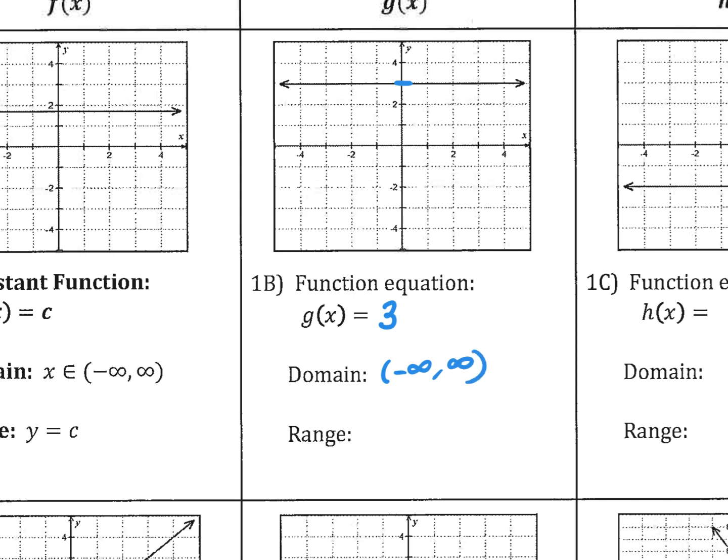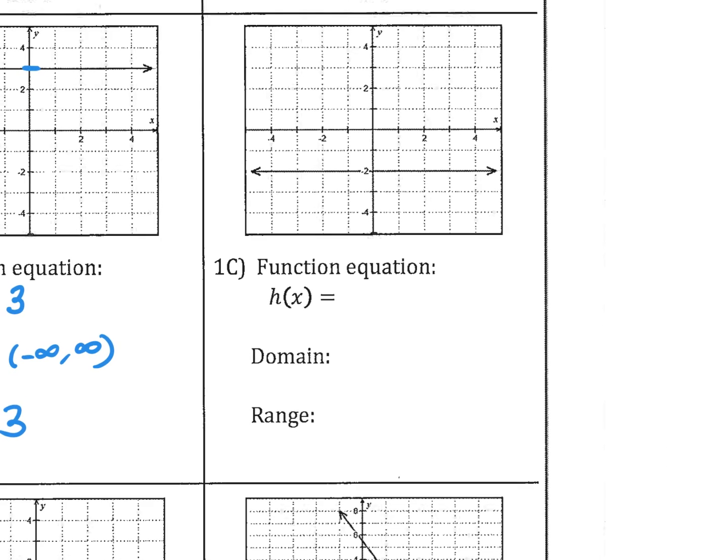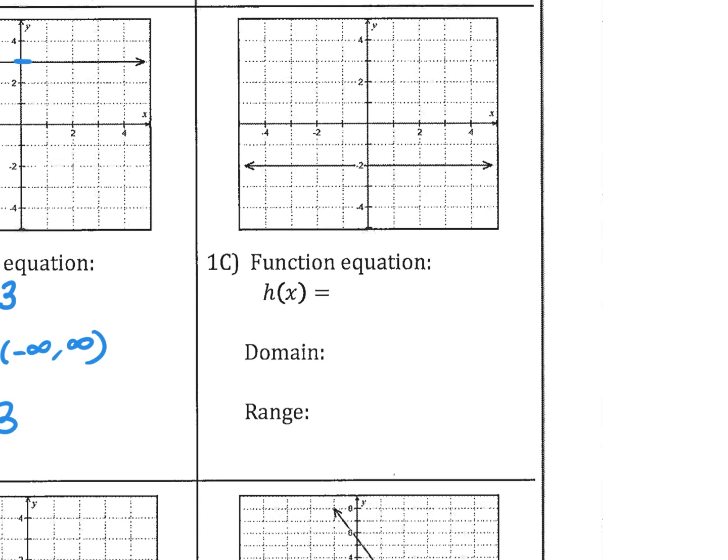But what is its range? 3. Good. So now you guys try the same thing for this one. H of x equals what? Good, -2. What is its domain? What is its range? See how easy this is?